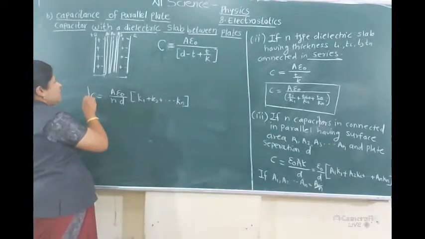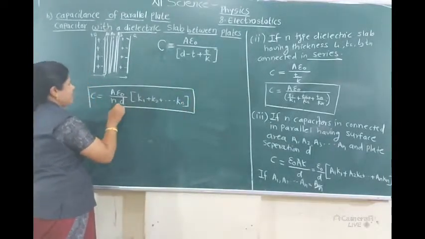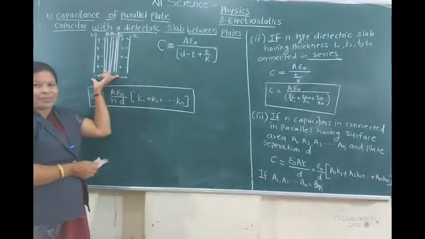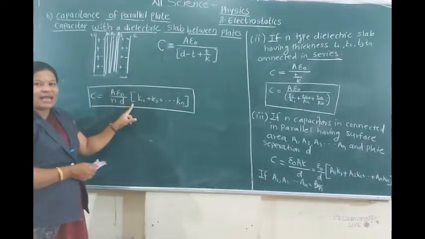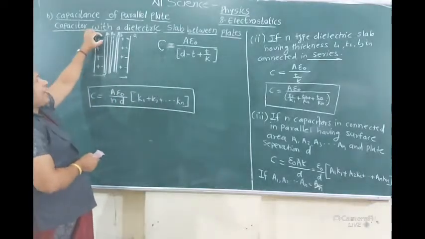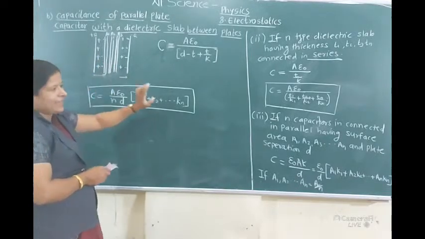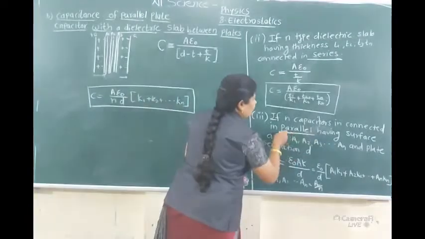This is the formula for the capacitance of the parallel plate capacitor when n capacitors are connected in parallel between the plates.